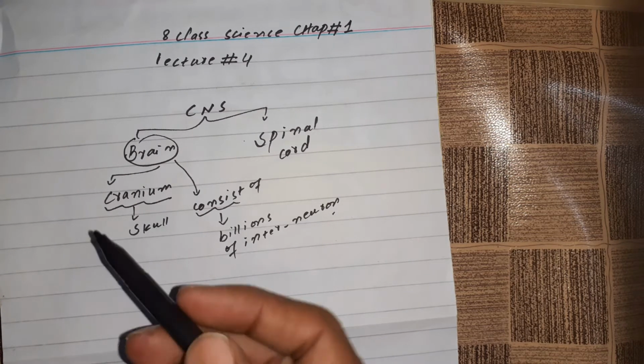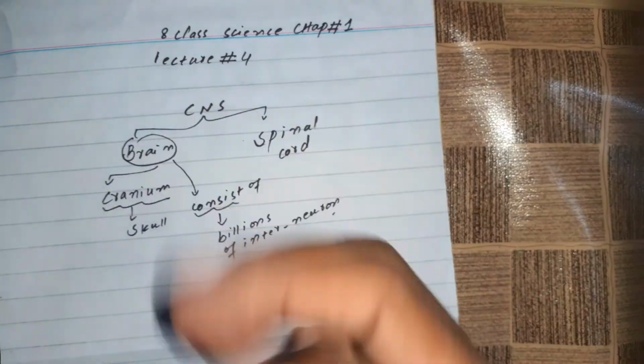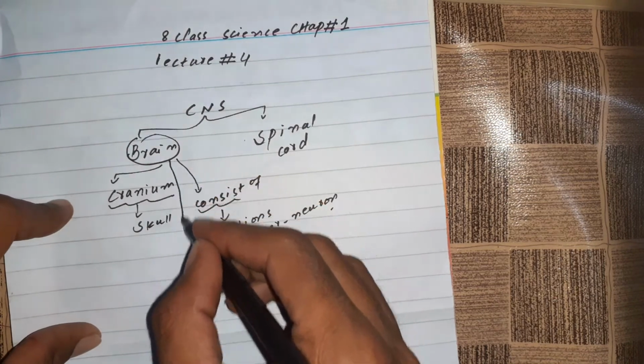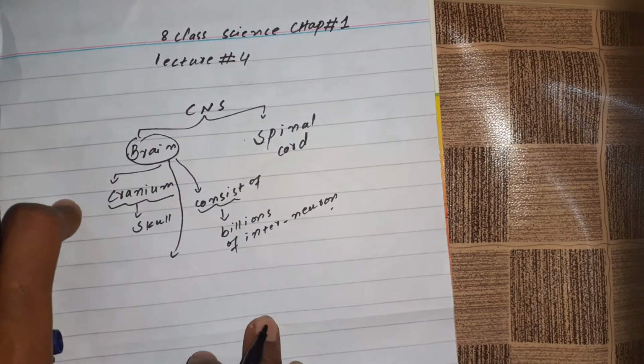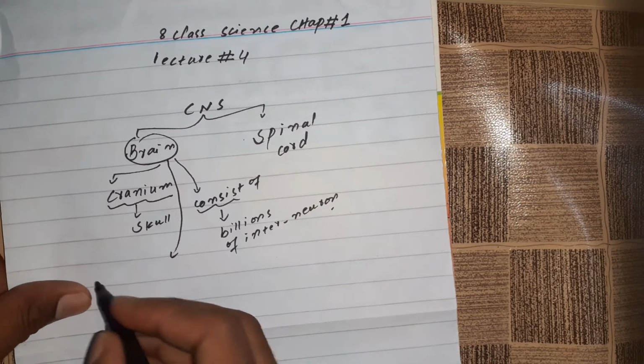When we talk about the brain, it is divided into three main parts. Now we'll see the parts of the brain.